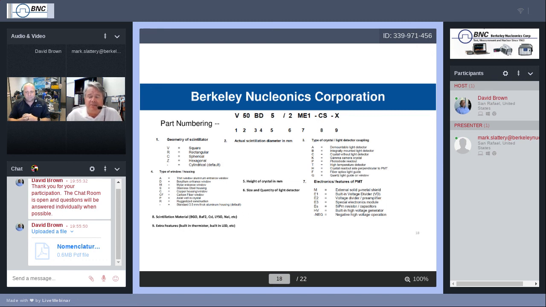And this is really an example of consideration of all the variables, all of the choices, all of the details, why we ask these questions. What size, what geometry, what shape do you want?